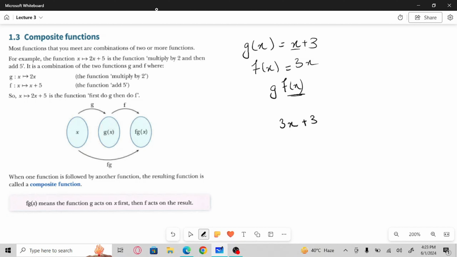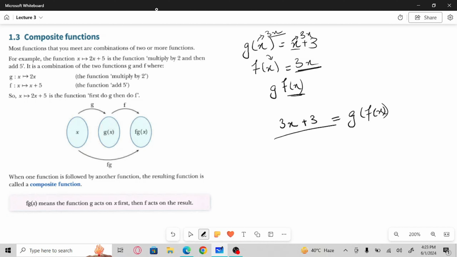We are inputting into the function g the value of the function f, which is 3x. So instead of x, we input 3x, and thus 3x plus 3 is the value of g when f(x) is the input. That's a basic understanding.